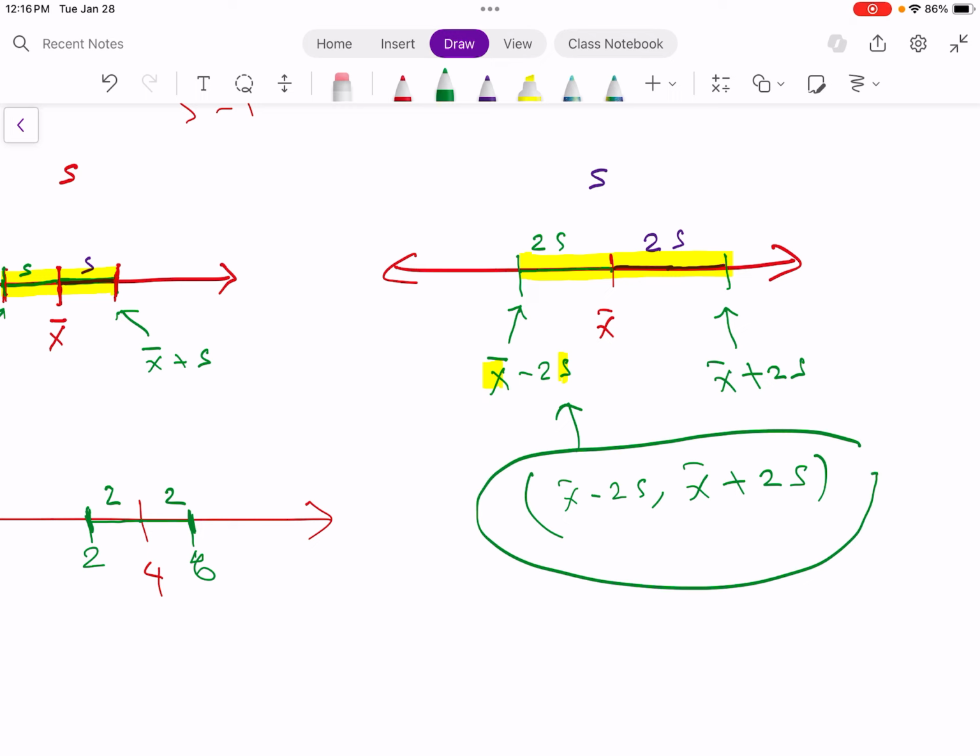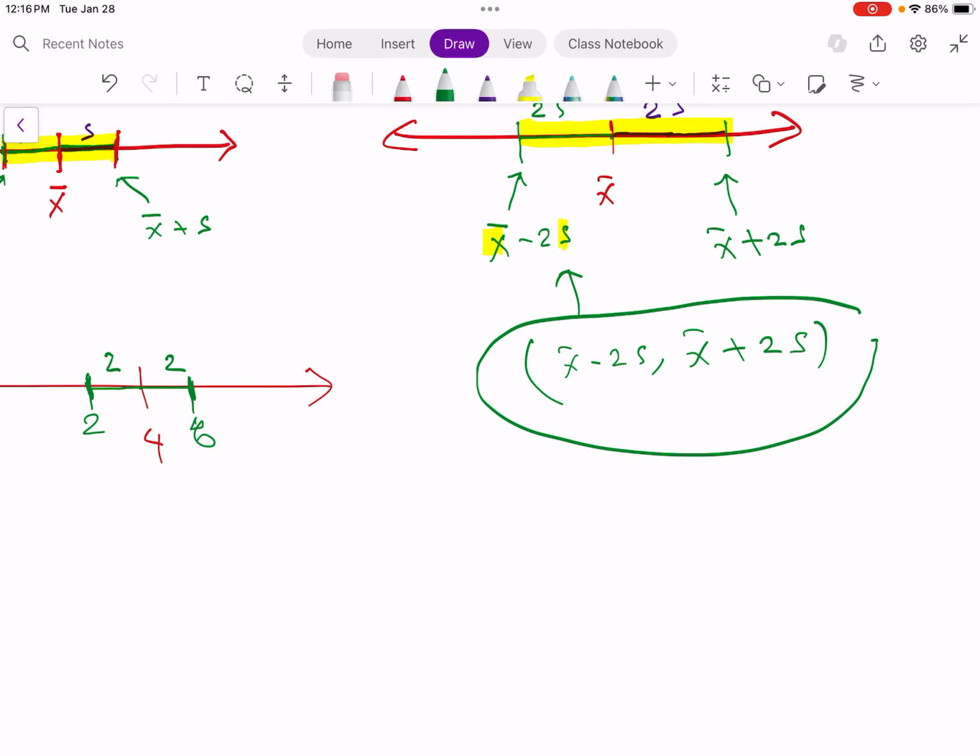Now can you write 3 standard deviations of the mean in a similar way? It is x bar minus 3s to x bar plus 3s. So this is 3 standard deviations of the mean.